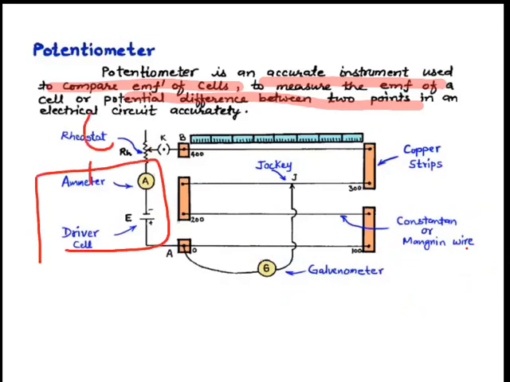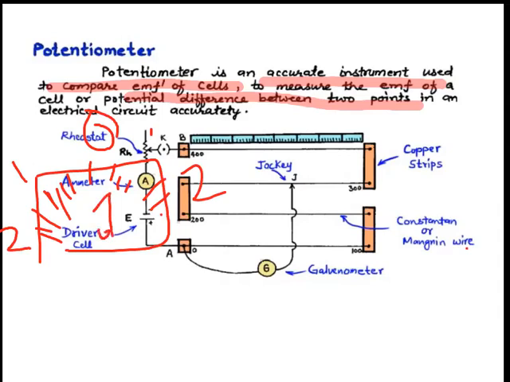In the center it has 0, and on this side you will have the other readings 1, 2, and on this side also 1, 2, like this. In the center you have a needle. In 10th class we have done this, right? When the needle is pointing at 0, it means no current is flowing in the circuit.